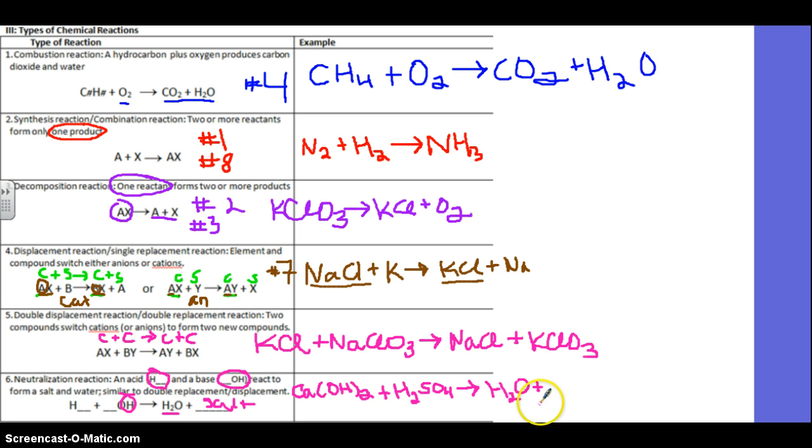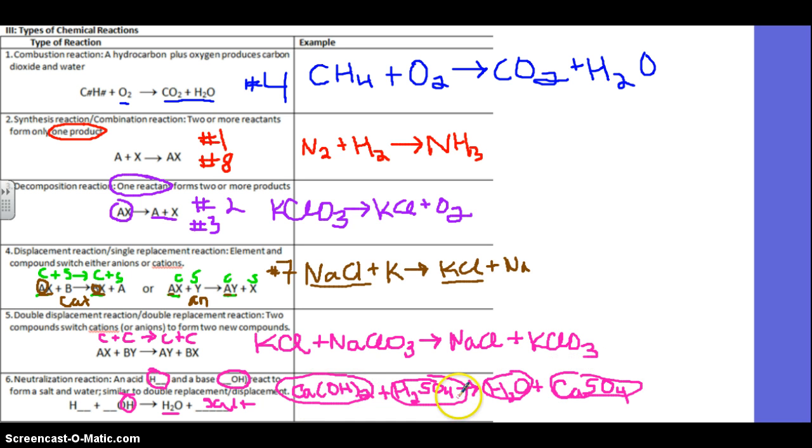And the salt, a salt is anything that's a product of an acid-base reaction. In this case, the salt will be calcium sulfate, CaSO4. It's just because when an acid and base react, they form water, and the other product is a salt. So this is the acid, this is the base, here's the water, and finally that's my salt.